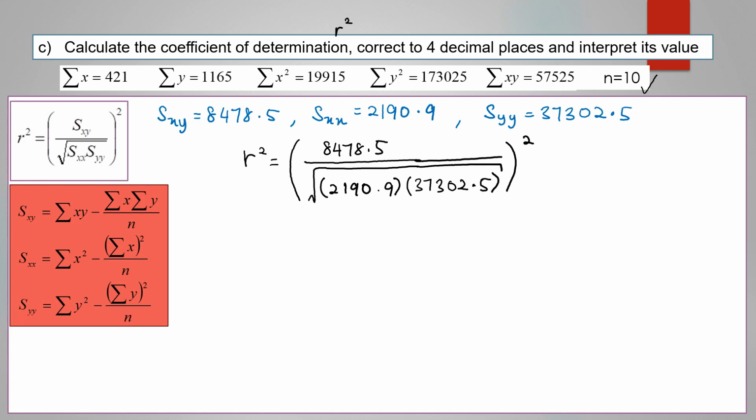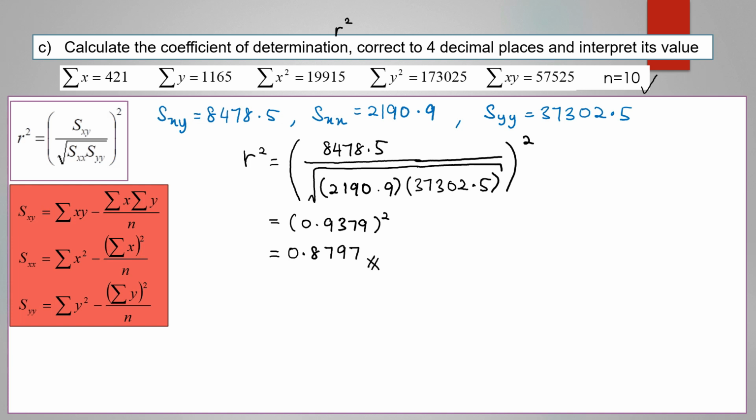It should be like this, and then you just press your calculator correctly. You will get 0.9379, squared. And then it should be 0.8797. So this is the value for the coefficient of determination, R squared.